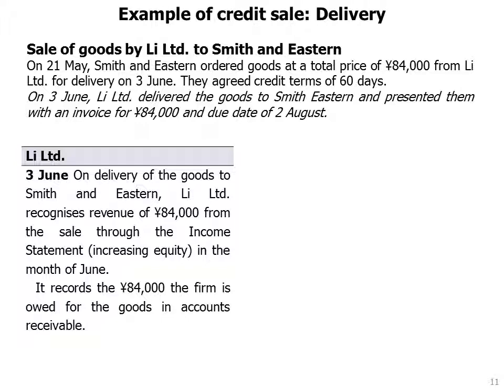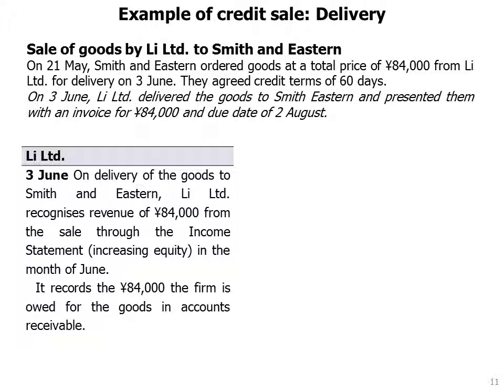In terms of the financial records, on the 3rd of June, at the time that the delivery of the goods to Smith & Easton has been made, Lee Limited can recognize revenue of 84,000 yuan from the sale through the income statement, which will have the effect of increasing equity in the month of June.